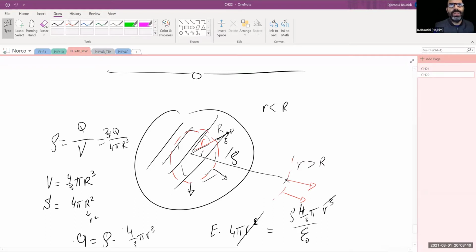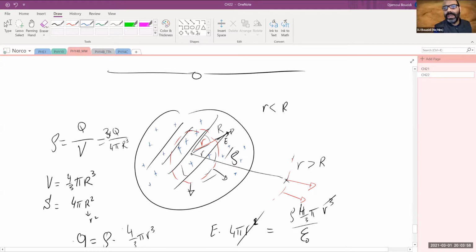Let's say I have positive charges everywhere, with the charge distribution rho per unit volume. That means if I take a dV volume, I have a rho dV charge in that volume, meaning rho has the units of Coulomb over meter cubed, as is clearly stated in here.